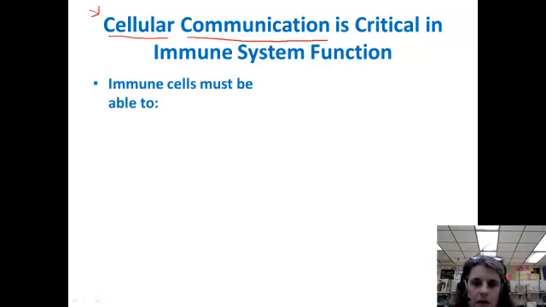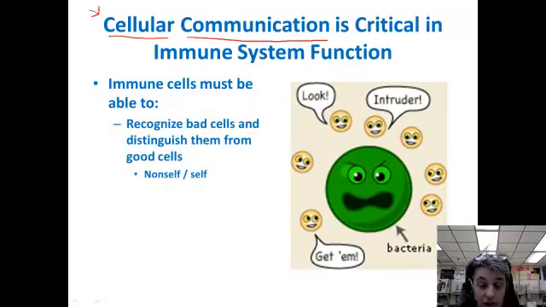Okay, so cell communication is absolutely critical in immune system function, because immune cells, first of all, have to be able to recognize bad cells from good cells, invading cells from the body's own cells, and tell them apart. We don't want to destroy our body's own cells. Bad things happen when that occurs, but we want to be able to destroy invaders.